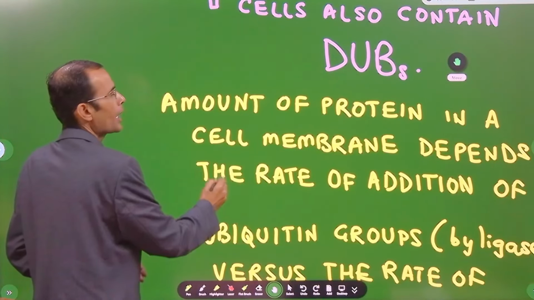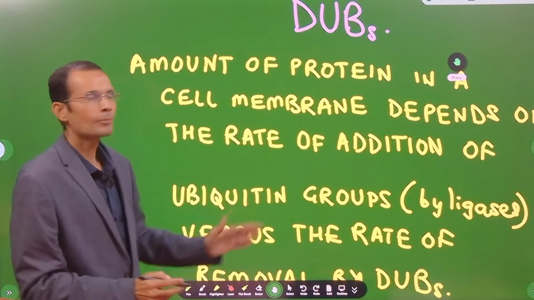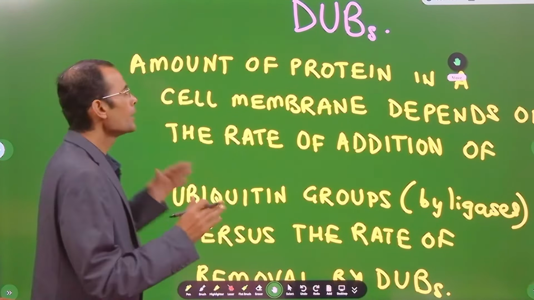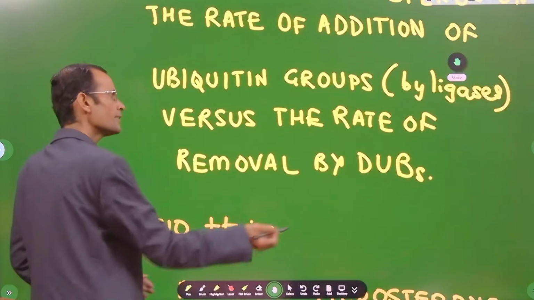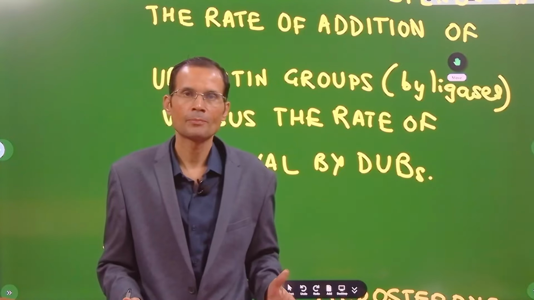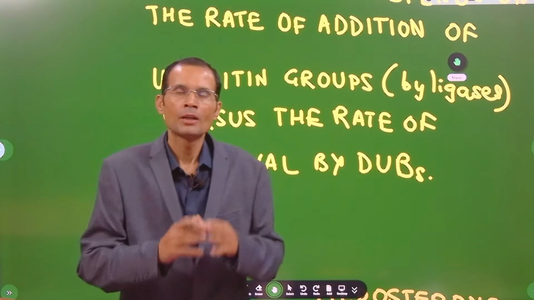All right. Now, the amount of protein in a cell membrane at any given point of time depends on the rate of addition of ubiquitin groups by the ligases versus the rate of removal by the DUBs. That's the key point that you need to understand here.